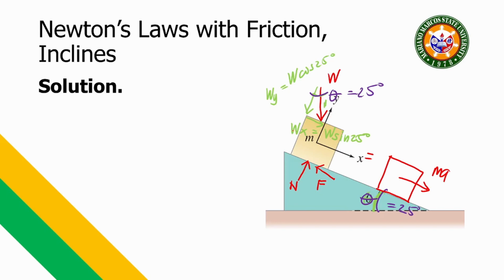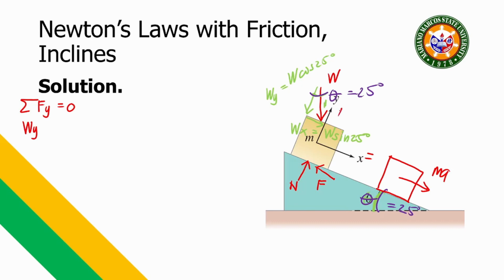Now, let us solve for the summation of forces in the y-axis of our system. The summation of forces in the y-axis is equal to 0. What are the forces acting in the y-axis? We have here W_y, which is downward, or opposite our positive y.